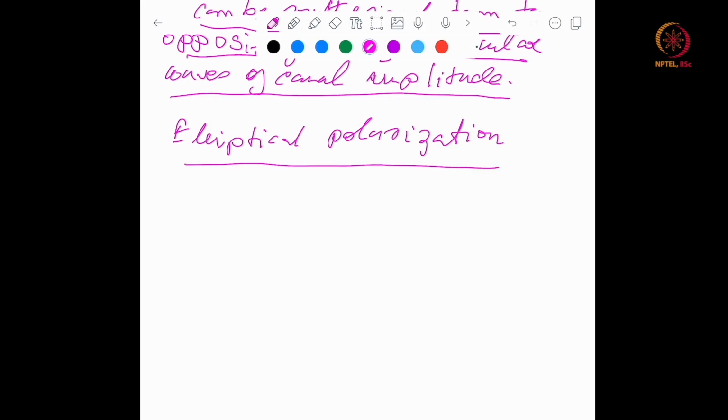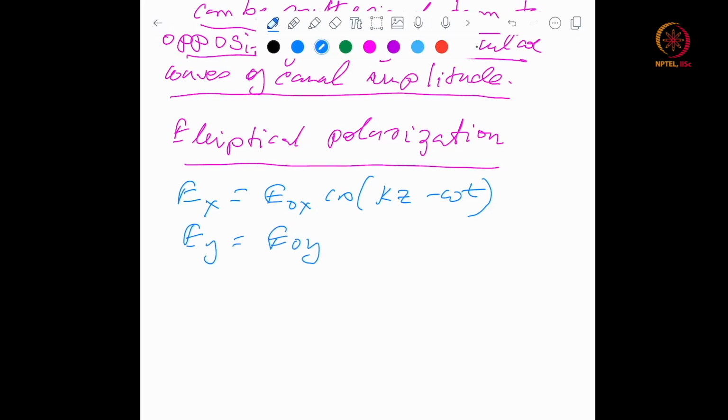Okay. We consider a general case. Recall the general case, say for example, Ex = E0x cos(kz − ωt), and then you have Ey = E0y cos(kz − ωt + ε). So expand the expression of Ey.